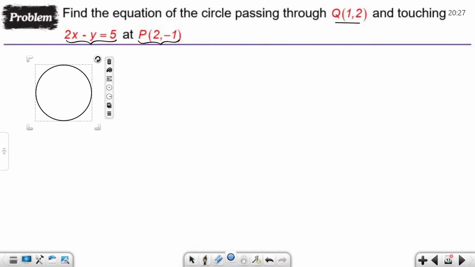Let us say this is the circle, and they have said that this line is a tangent to this circle at the point. Now we have to find this circle which is passing through another point Q (1, 2). And the equation of this tangent is 2x minus y equals 5.